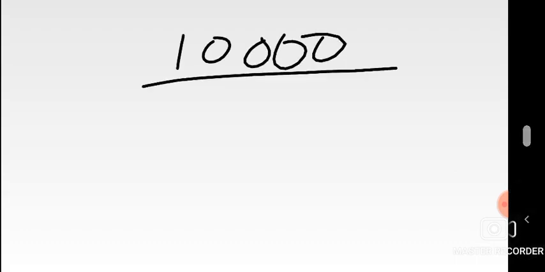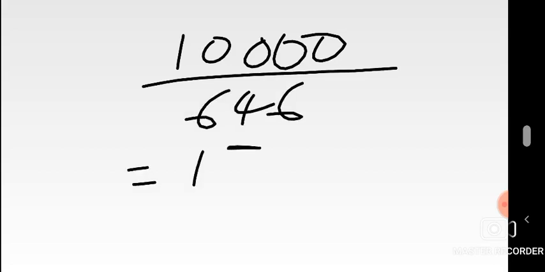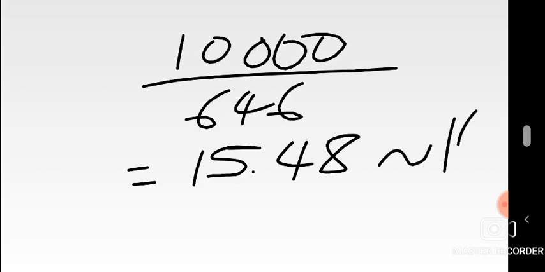What's the fixed cost as of option 2? It's 10,000. What about the weighted? We found 646. Answer 15.48, which is like 15.5 if you want, but the nearest whole number will just be the best, which is 16 when you round off this number. Hence, find again the break-even for each product.